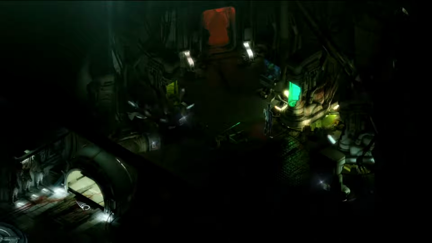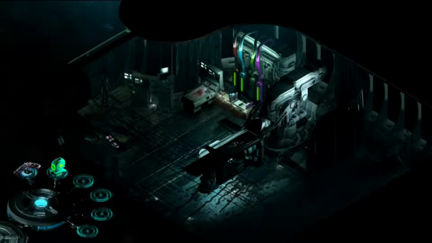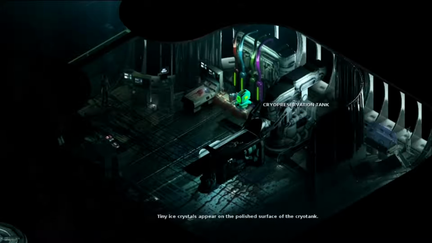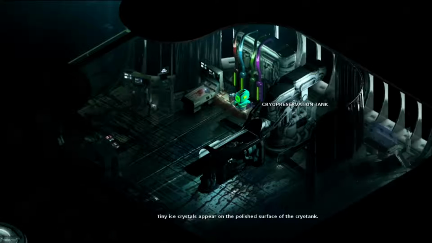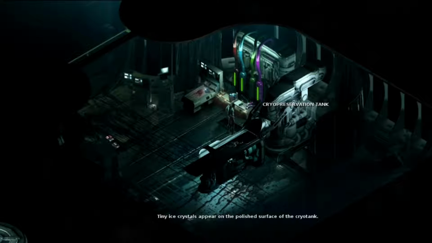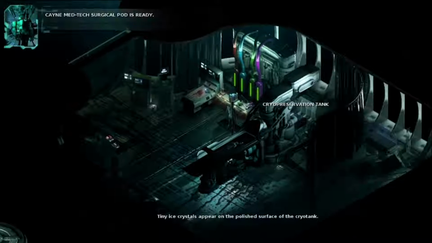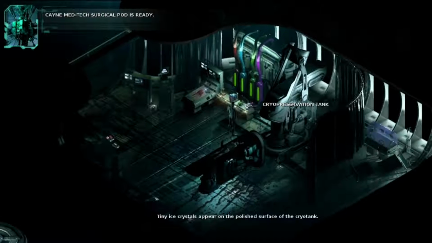So yeah, we got that. Then we wanna go this way and put the cryopreservation fluid in the cryopreservation tank. Let's see. Ready.